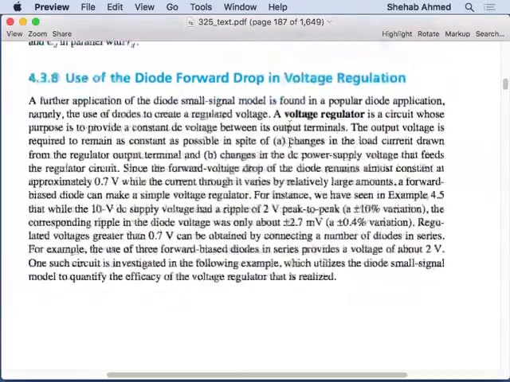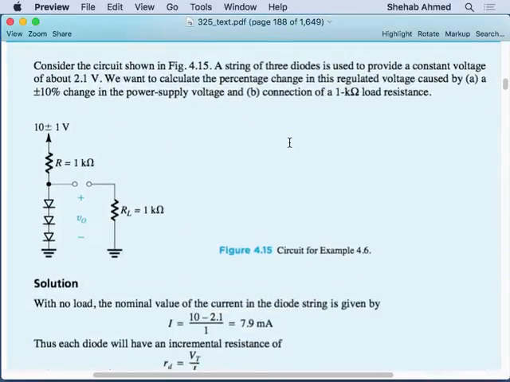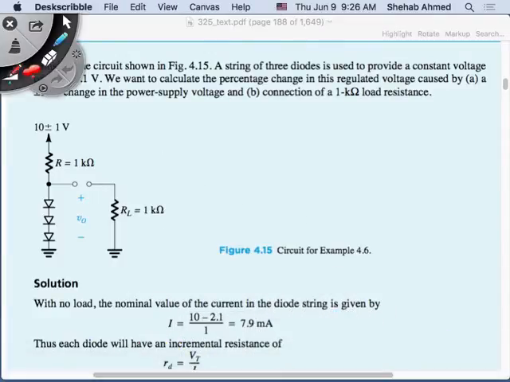Remember, if you have a load here on any circuit, if you have a black box here and you add the load, if you are actually regulating the voltage here to 10 volts, what's going to happen to the current if the load changes? The current will change.